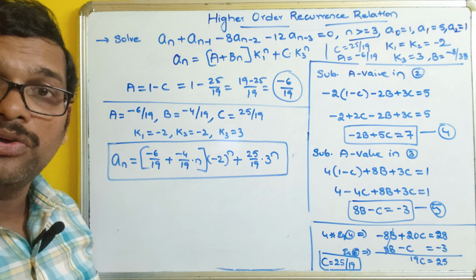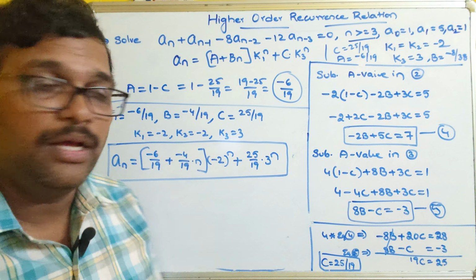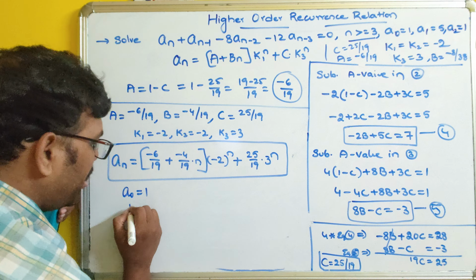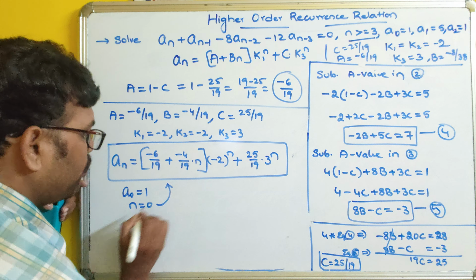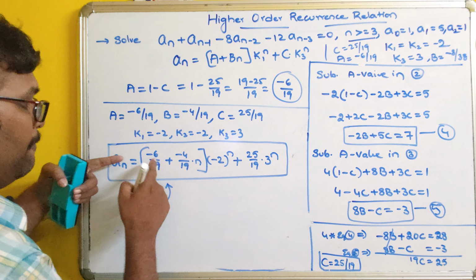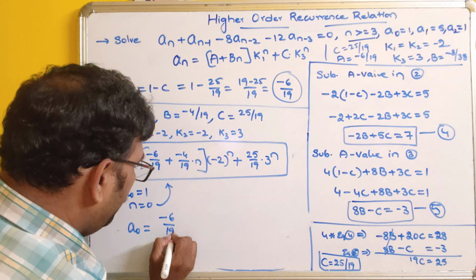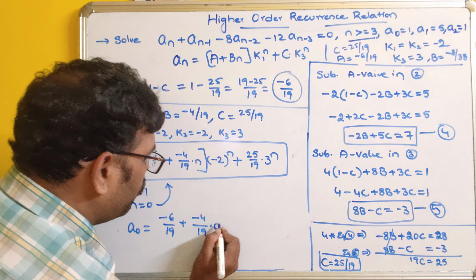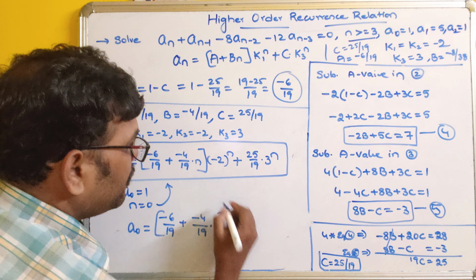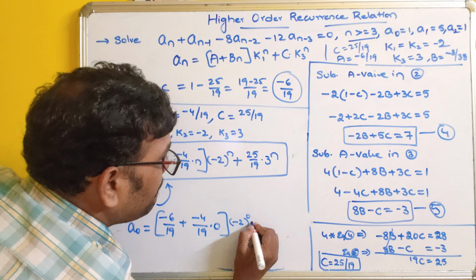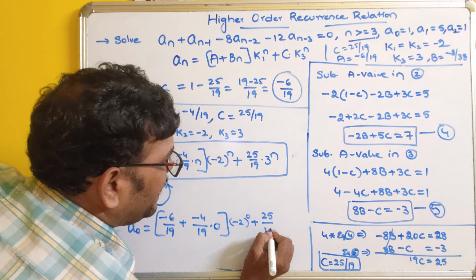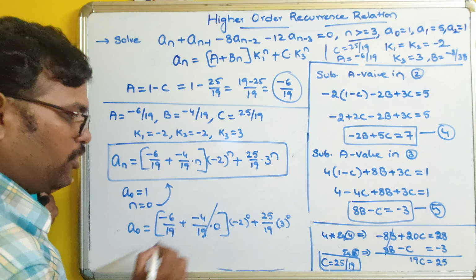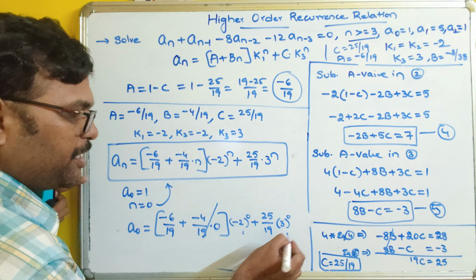So you can also cross check whether it is correct or not. How? So we know the initial value a_0 is equal to 1. Apply n is equal to 0 in this one. So a_0 is minus 6 by 19 plus minus 4 by 19 into 0, into minus 2 power 0, plus 25 by 19 into 3 power 0. So this becomes 0, this becomes 1 and this becomes 1.